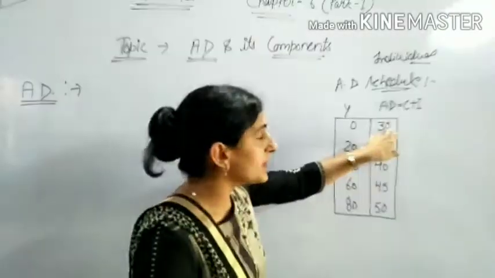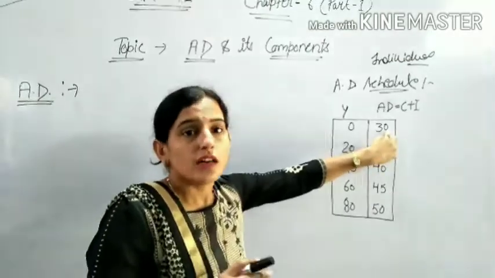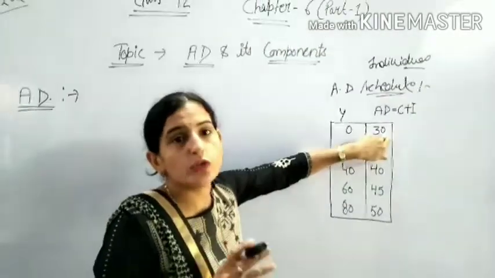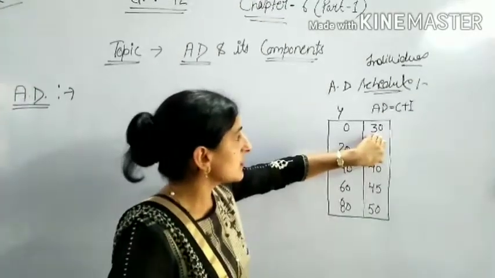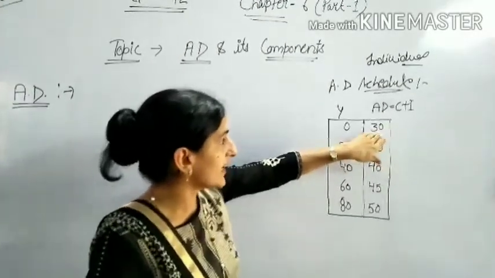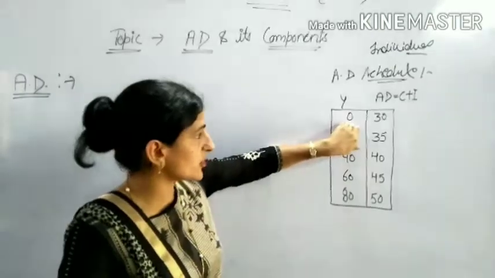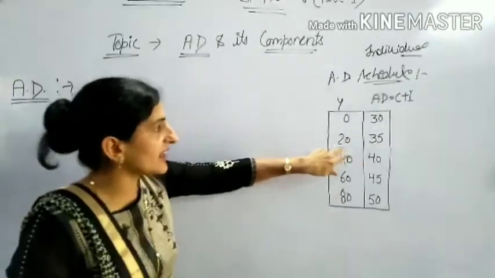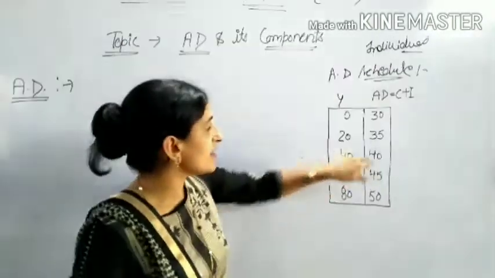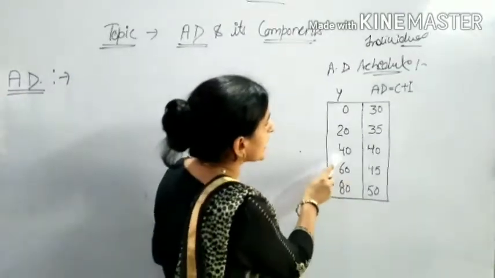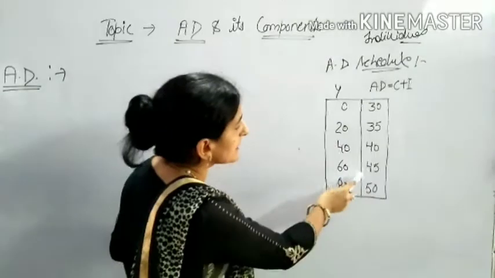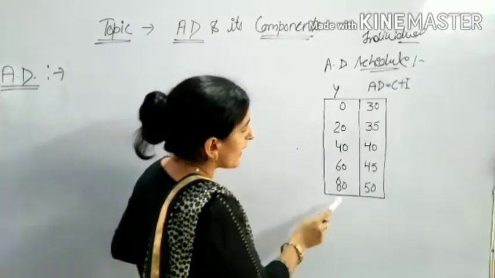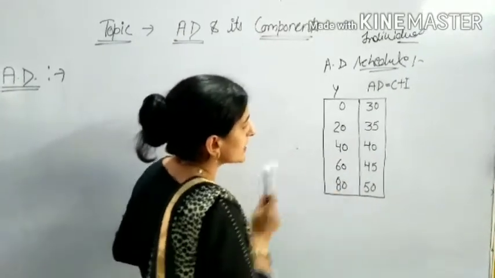Consumption cannot be 0 because to survive we have to consume something. So here it is 30 when income is 0, but when income is 20 then AD is 35, when income is 40 then AD is 40, when income is 60 then AD is 45, when income is 80 then AD is 50.